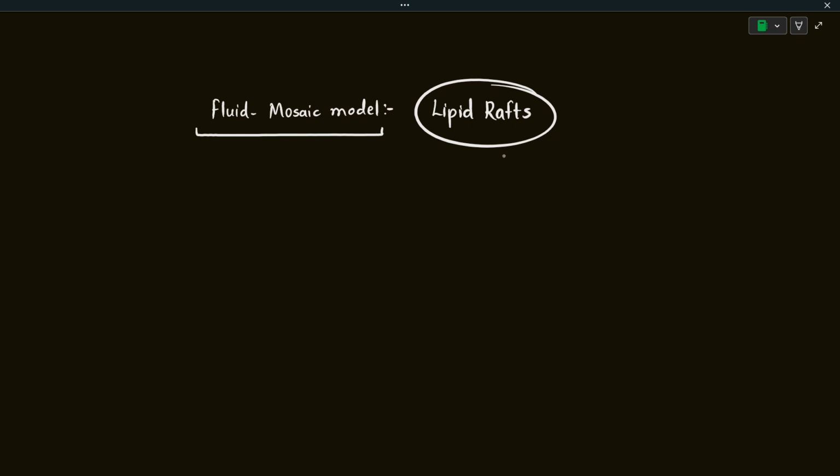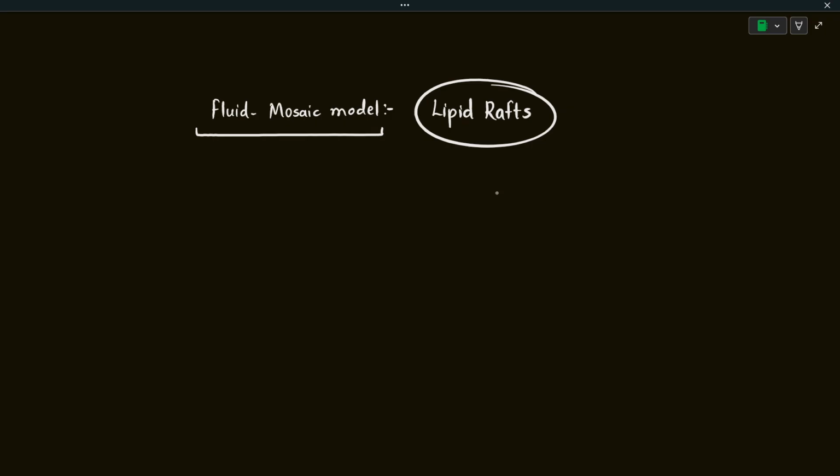The term lipid raft was introduced in the late 1990s. It was introduced when researchers made their observations while studying the plasma membrane and solubilized it in non-ionic detergent.